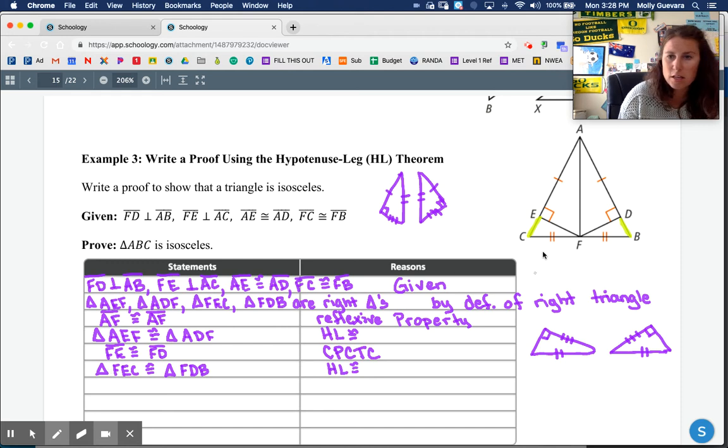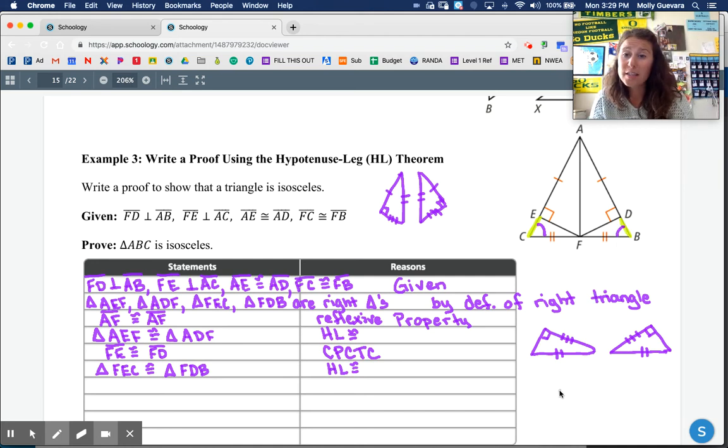So if those lengths are equal and these angles are equal, then I know that this is an isosceles triangle. Well, if the triangles are equal, can I also say that this angle and this angle are equal? Yeah, right?